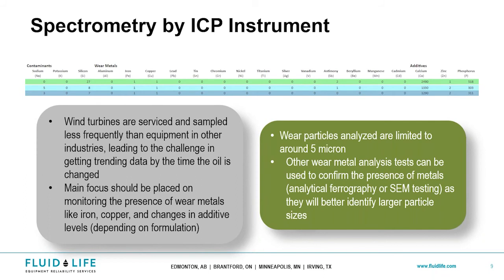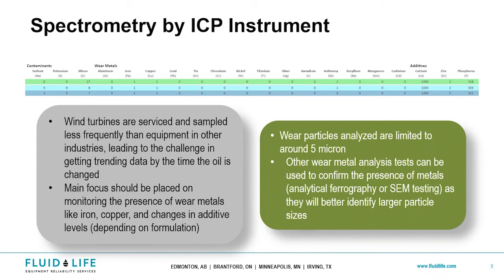So oil analysis as the main focus is not something I would purely recommend. I think it should be a combination of different methods in order to get the best results, right? The main focus as far as spectrometry results is going to be monitoring the presence of your wear metals.